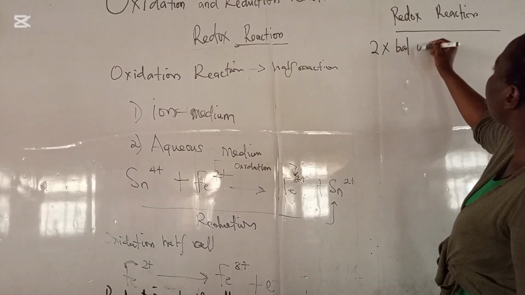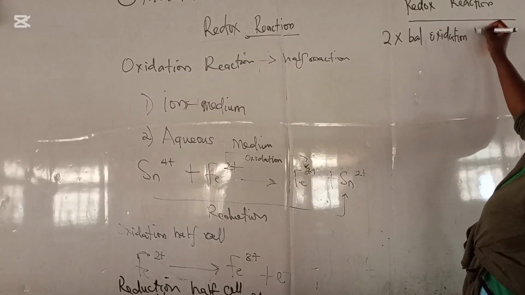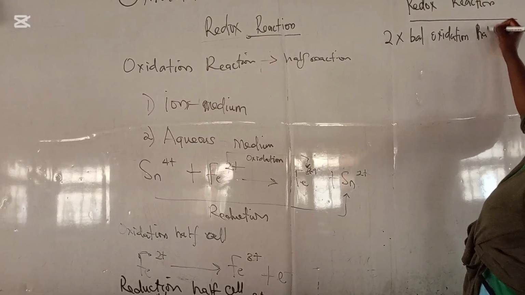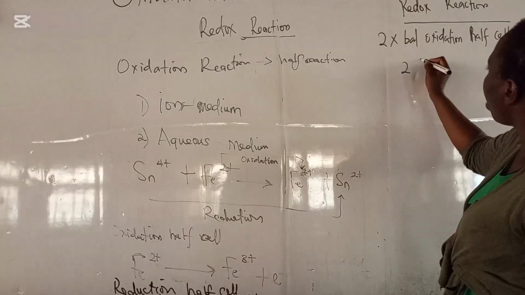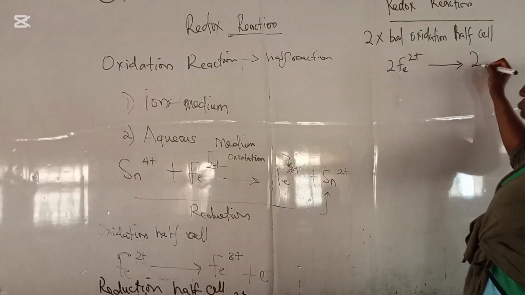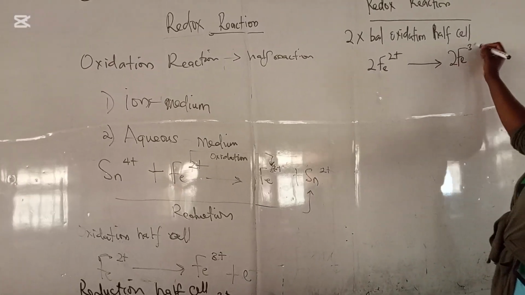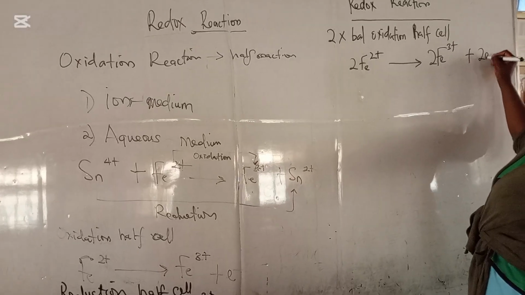So it becomes 2 times oxidation, balanced oxidation half cell. 2 times balanced oxidation half what? Cell. So when we say 2 times, it becomes 2Fe2+ to give us what? 2Fe3+ what? 2e-.